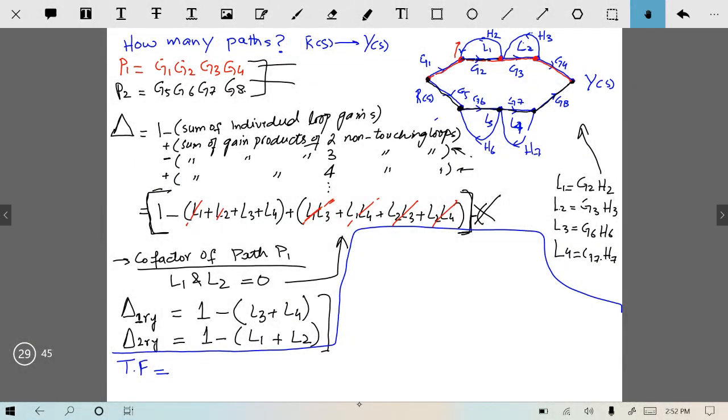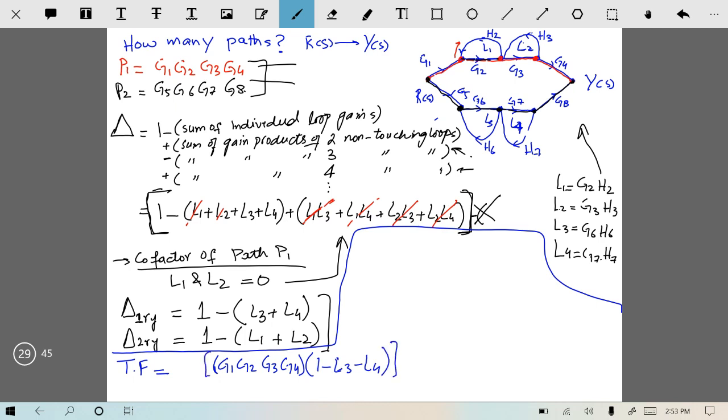What is P1? P1 is G1, G2, G3 and G4, with its cofactor. What is its cofactor? 1 minus L3 minus L4.